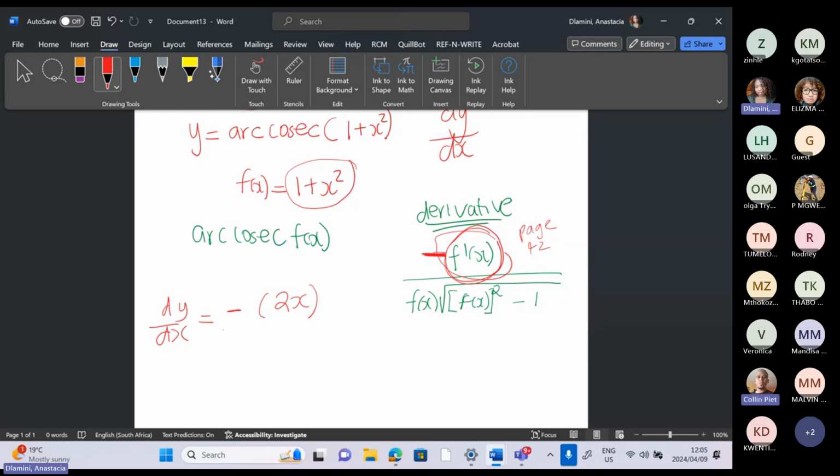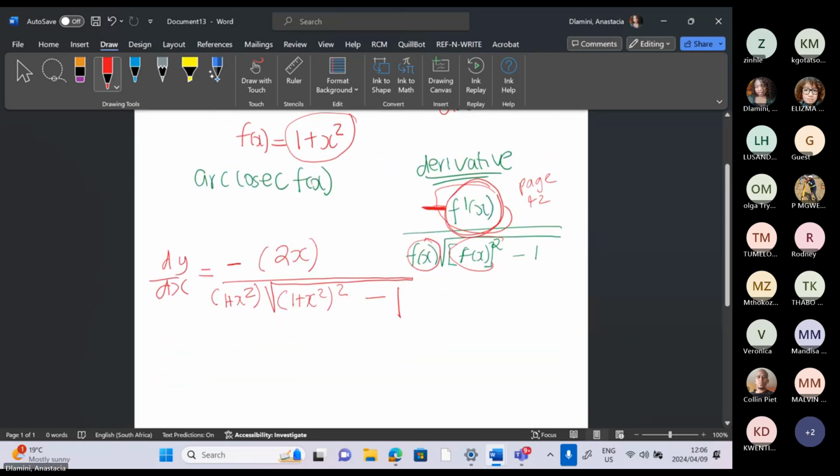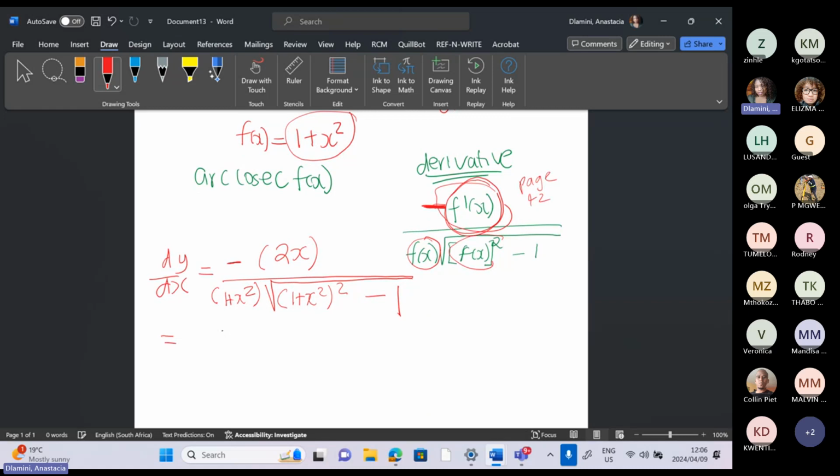Yes, ma'am. Divided by f of x. You see how easy it is to just multiply if you understand x squared. Take the square root. That's what they are saying here. Take the square root of f of x and square it. So that is 1 plus x squared, then square it, then minus 1. Then you simplify. So let's simplify. So this is equals to minus 2x over 1 plus x squared.